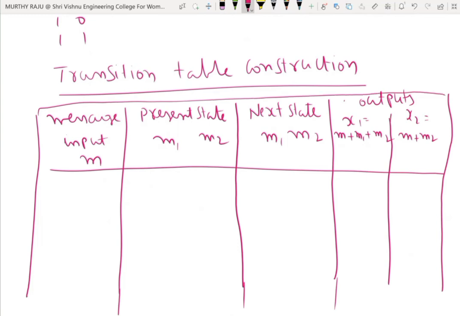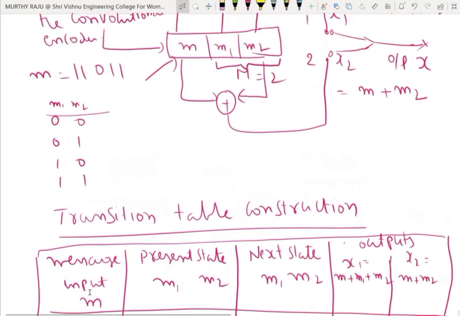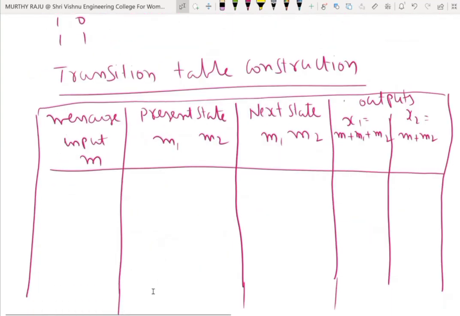Initially, capital M is equal to 2, so 4 possible states are obtained. Initially, the encoder is in the 0 0 state. The message input M is either 0 or 1.